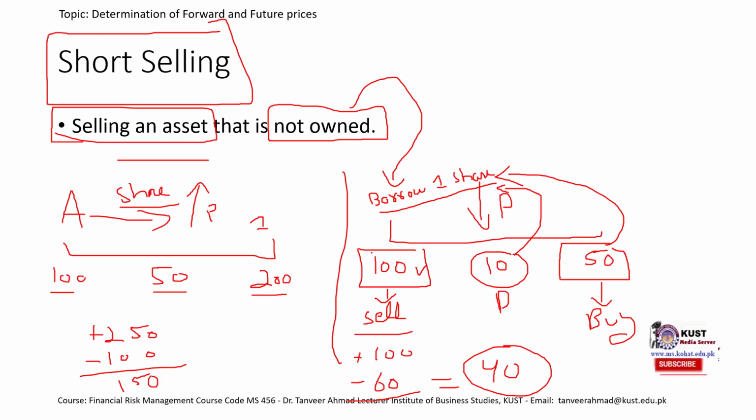So we borrow it, sell it today, and then after some time when the price decreases, we buy it back and return it to the person from whom we borrowed. This is the concept of short selling.